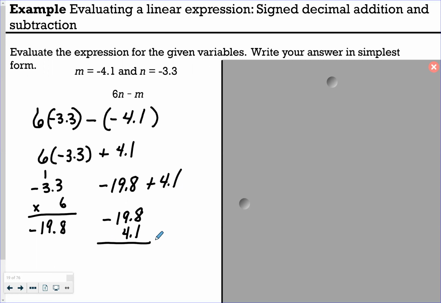Notice how I put the number with the greater magnitude first, 19.8, and then 4.1 second. Now I'm going to subtract: 8 minus 1, 7, decimal point, 9 minus 4, 5, 1 minus 0, 1, and it's negative. So there's our answer.